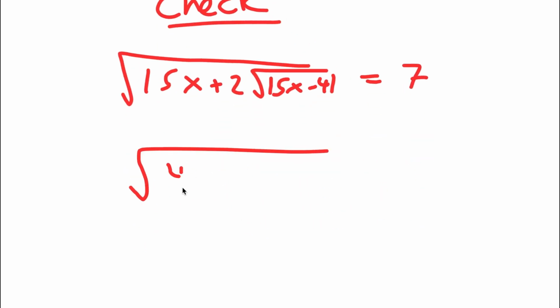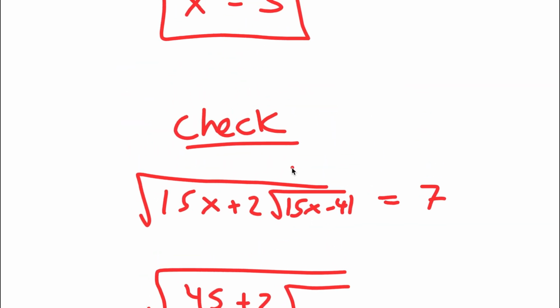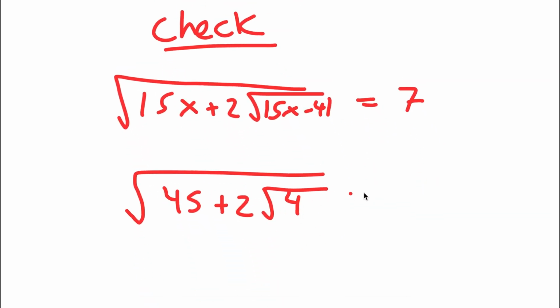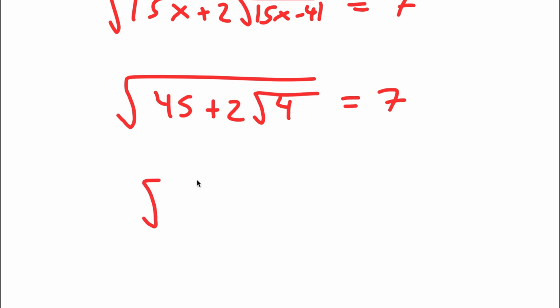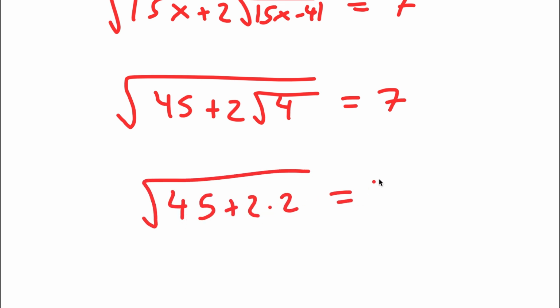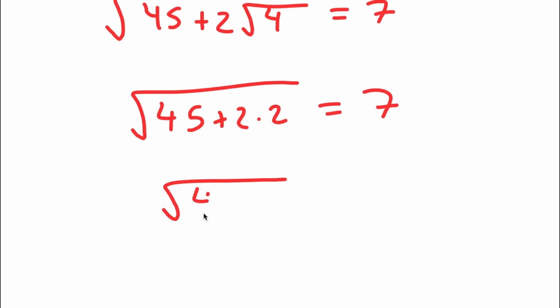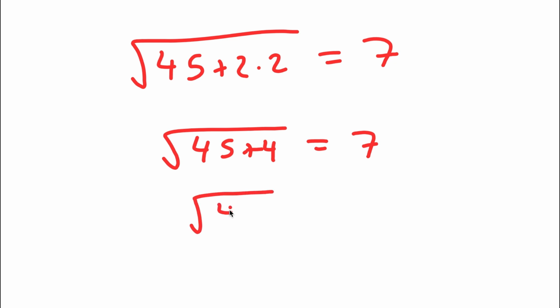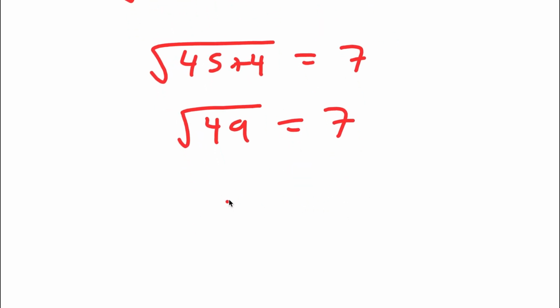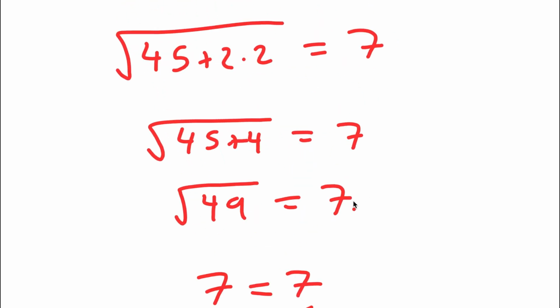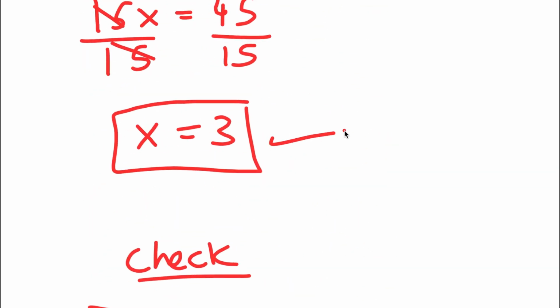For 3, I have the square root of 45 plus 2 times the square root of 4 is equal to 7, meaning the square root of 45 plus 2 times 2 is equal to 7. So the square root of 45 plus 4 is equal to 7, meaning the square root of 49 is equal to 7, and I get 7 equals 7. So this solution is right.